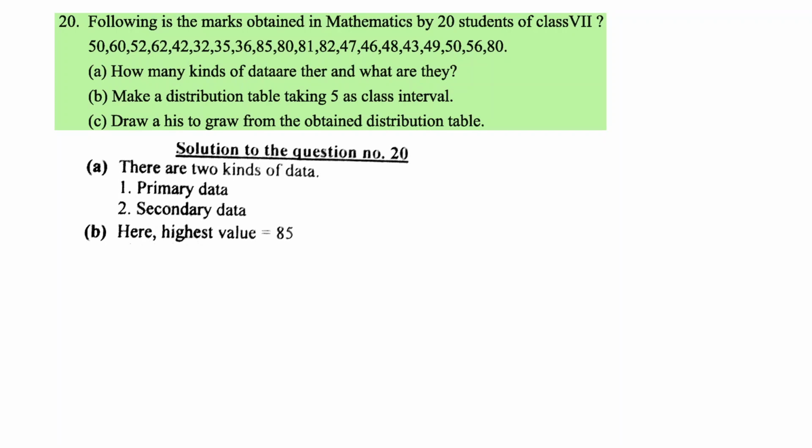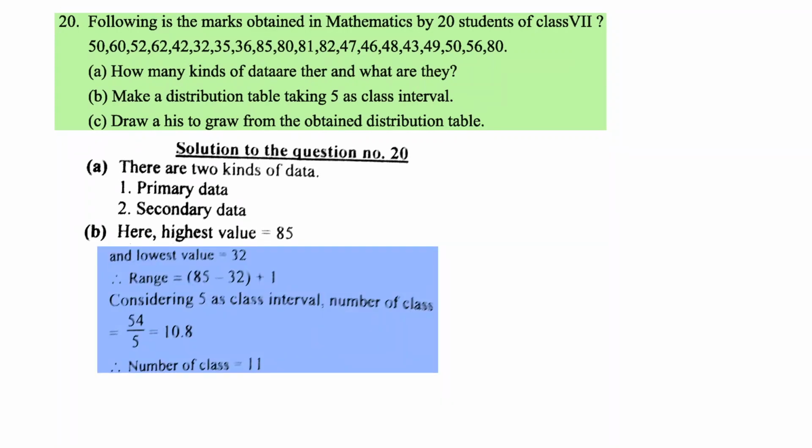Now make a frequency distribution table taking 5 as class interval. Here the highest value is 85 and the lowest value 32. Therefore range is highest minus lowest plus 1. And considering 5 as class interval, the number of classes will be 54 by 5, that is 10.8. Therefore the number of classes is 11.